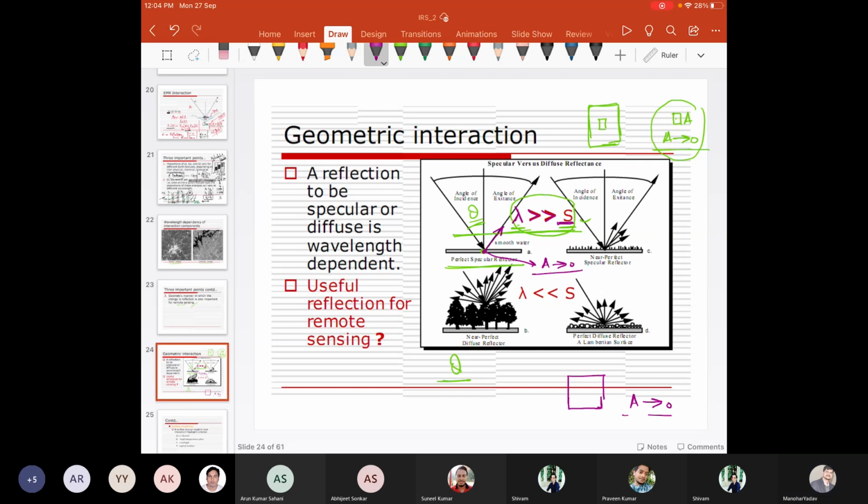If we consider a mirror, we can say that it is a very smooth and flat surface.